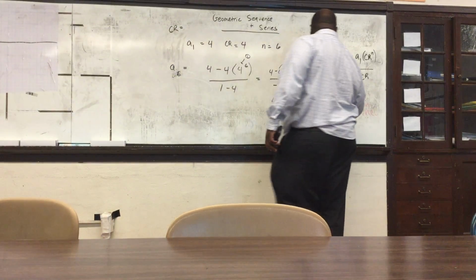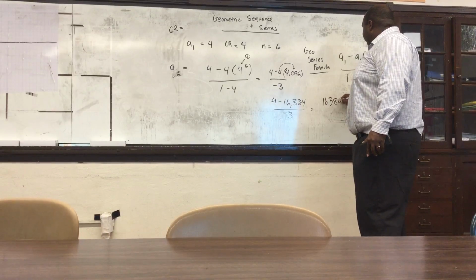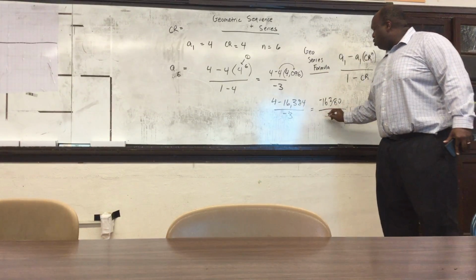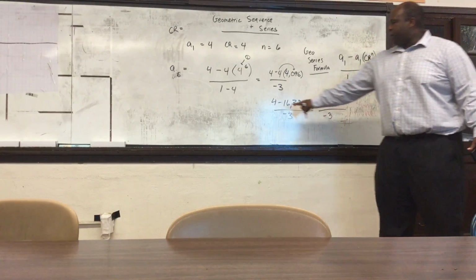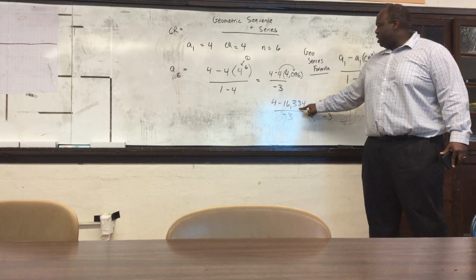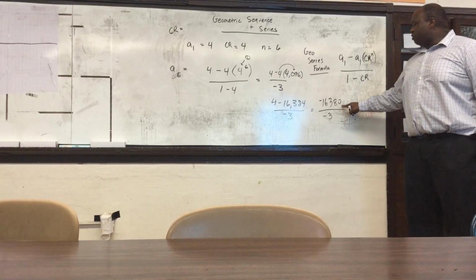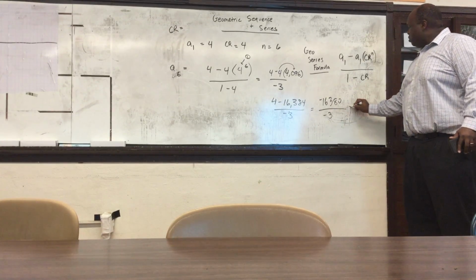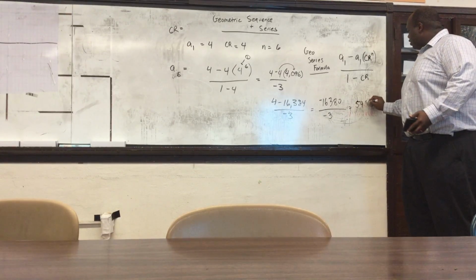So I should end up with negative 16,380 over negative 3. Again, positive 4 minus 16,384 gives me this value. Then all I have to do at that point is divide by negative 3. And that will give me my value, 5,460.